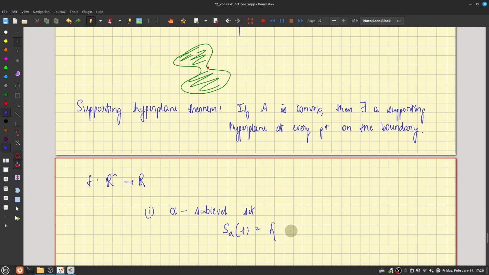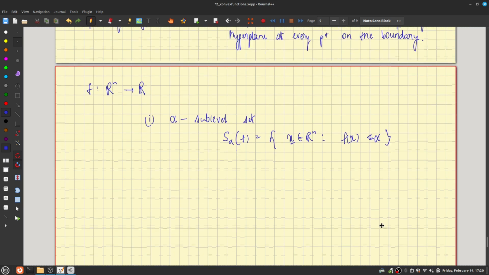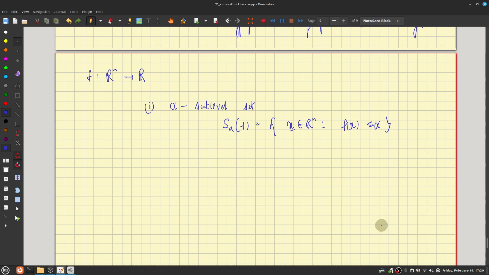This is simply the set of all x in Rn such that f of x is less than or equal to alpha.